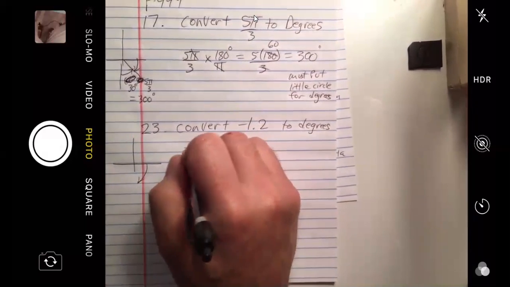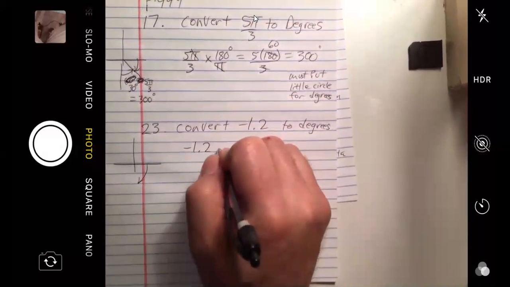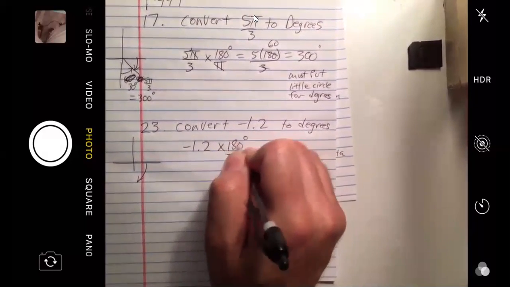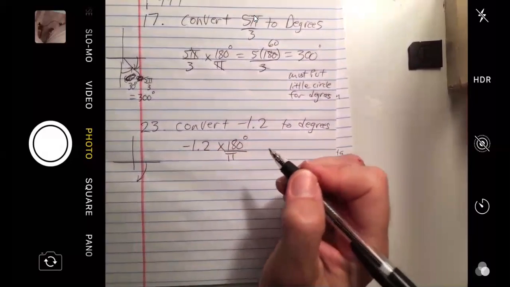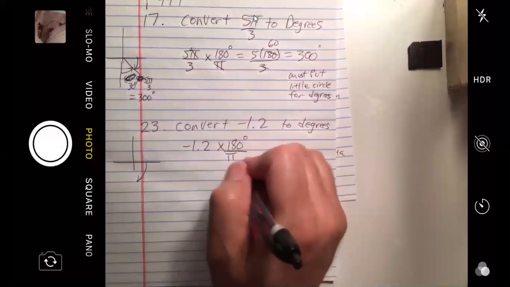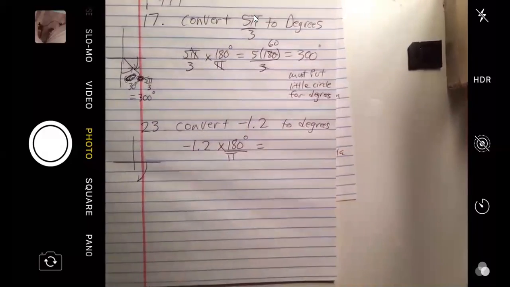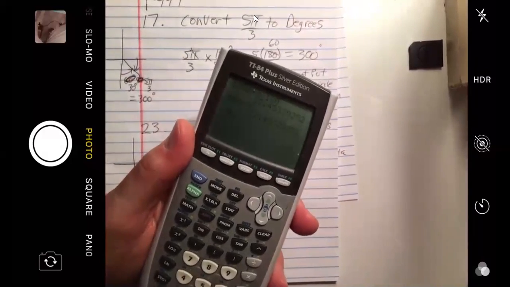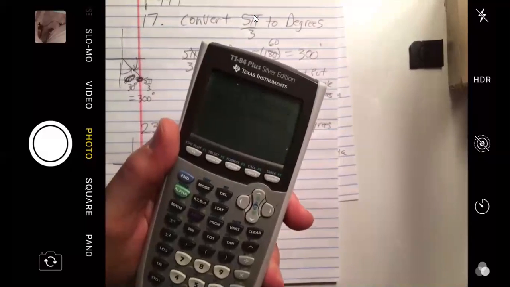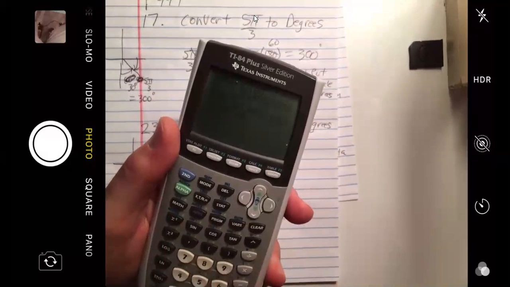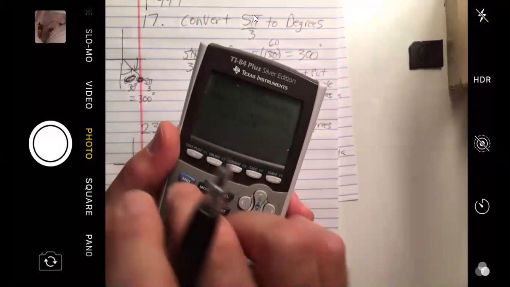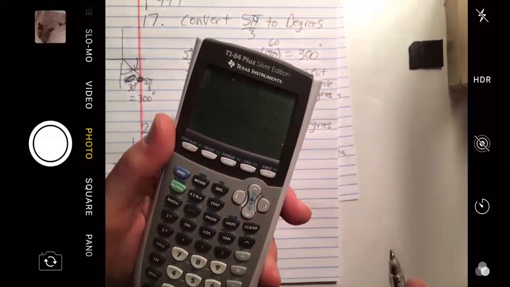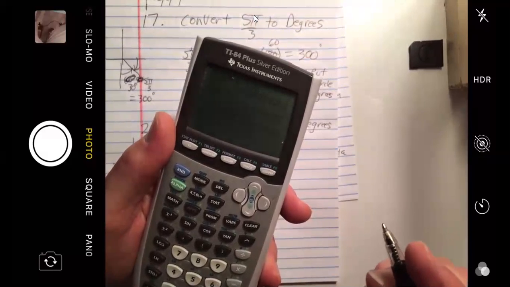But I go negative 1.2 times, put the pi here, 180 degrees. With all the decimals here, there's no point really messing with fractions of pi. So negative 1.2 times 180 and divide by pi. Negative 68.755 degrees.